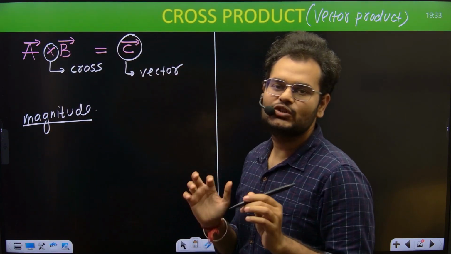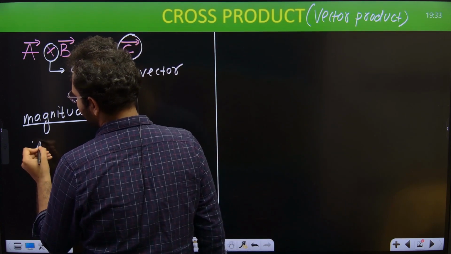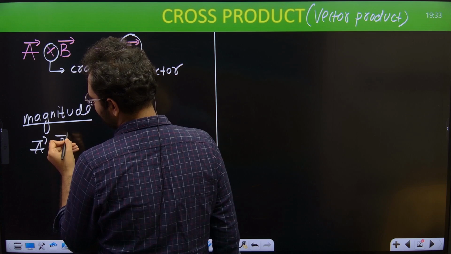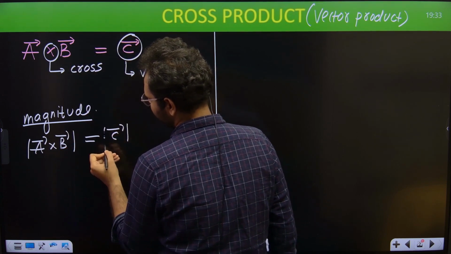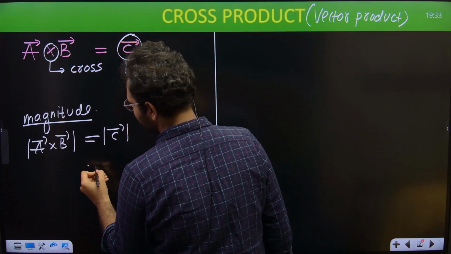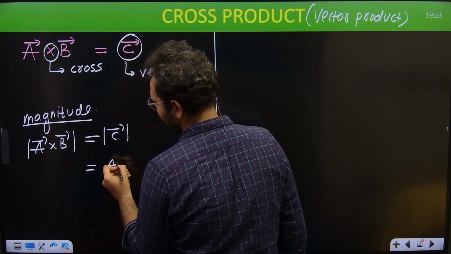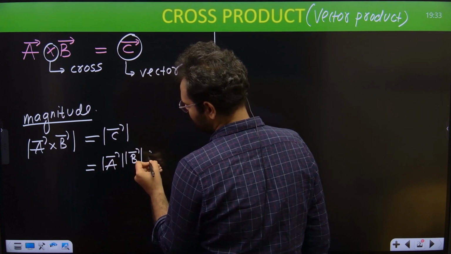So let us first talk about the magnitude of this cross product. What I am saying, magnitude of A vector cross B vector, or I can say magnitude of C vector. What is the formula, sir? Easy. Most easy part of cross product. This is magnitude of A into magnitude of B into sin theta.